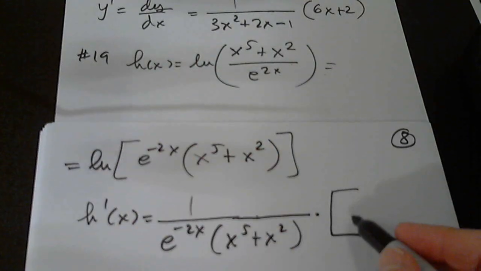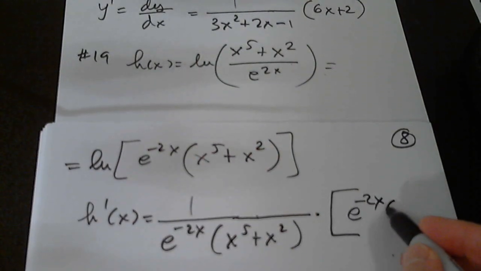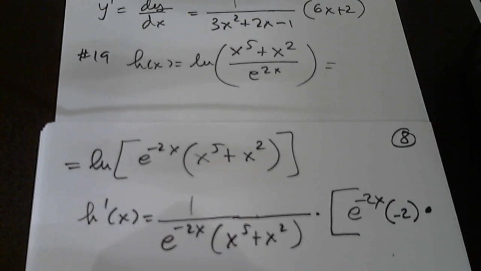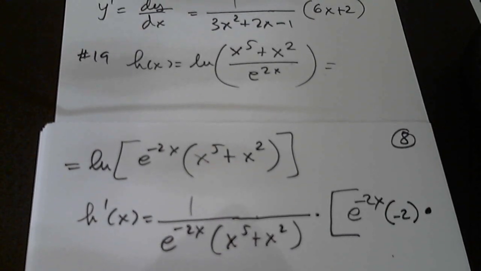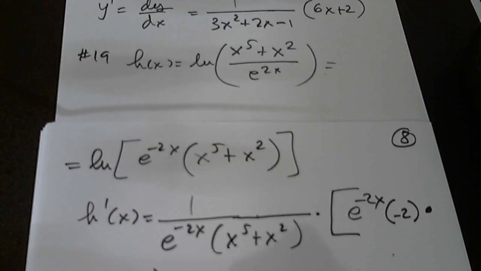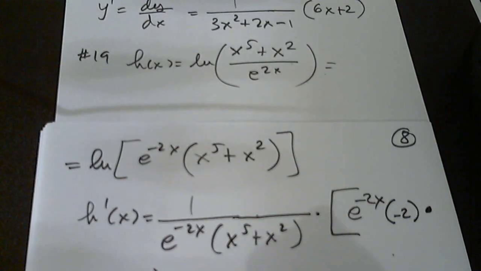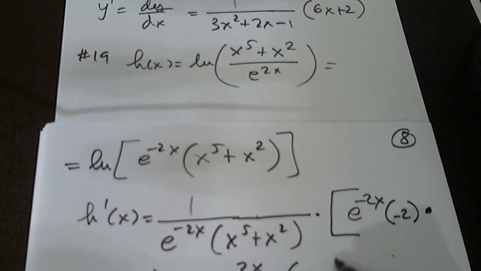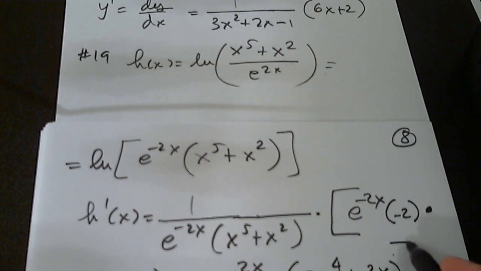This prime, e to negative 2x times the inner function prime, times x to the 5th plus x squared, plus e to negative 2x times the inner function prime, 5x to the 4th plus 2x.